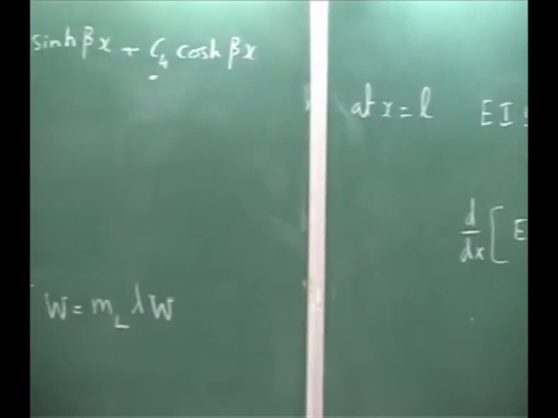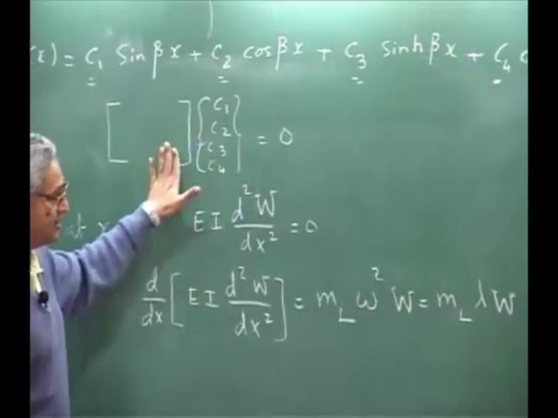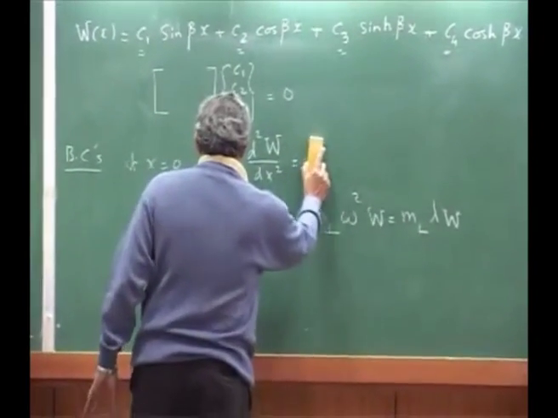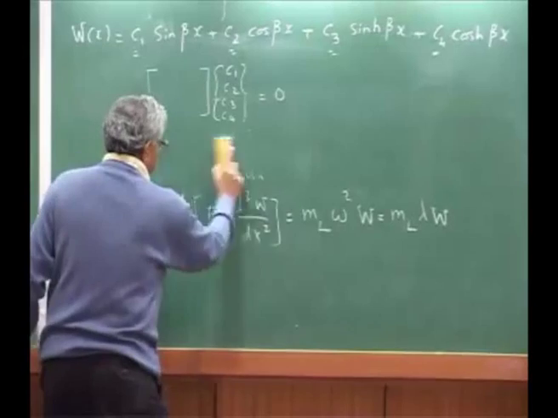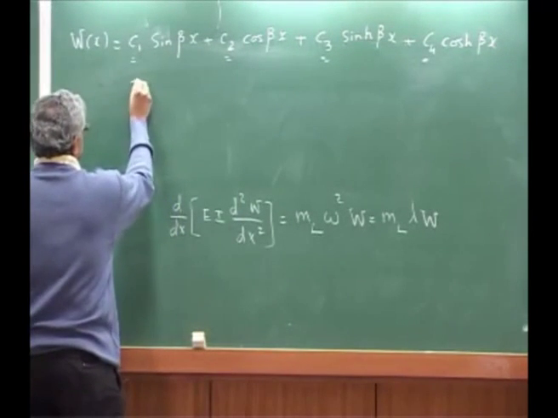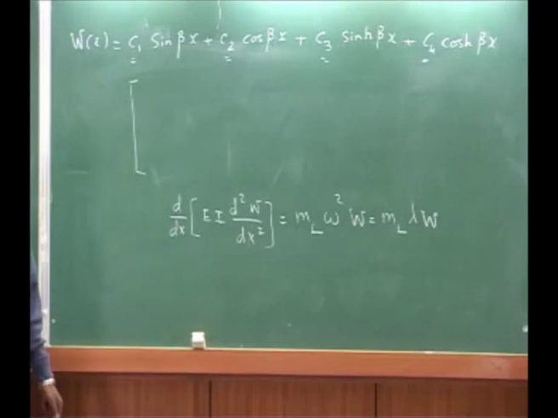What will happen is, you will get an equation of this form, which I will write in this place, because I have to erase it. I'll write directly, applying the boundary conditions.